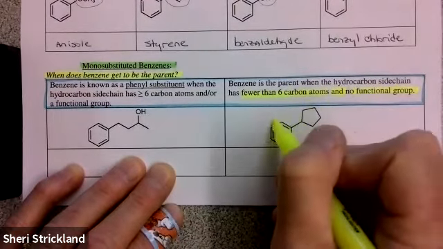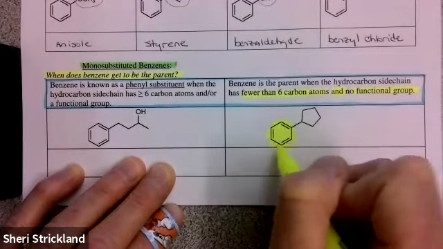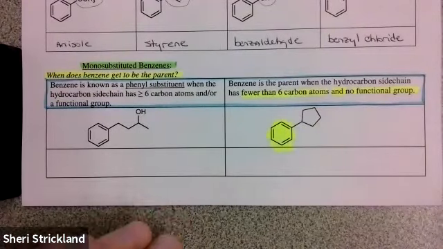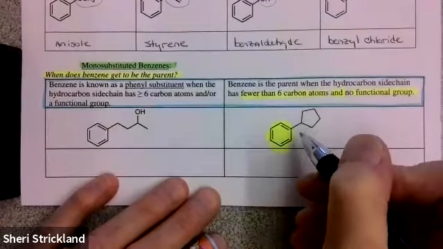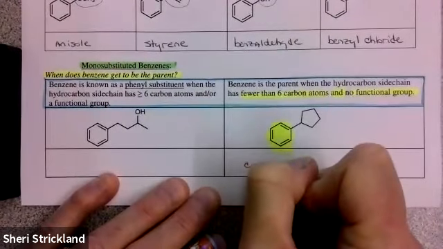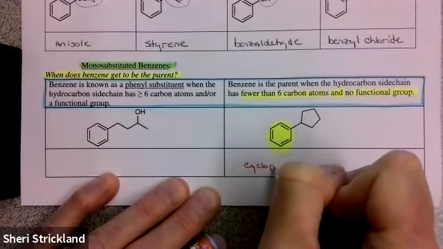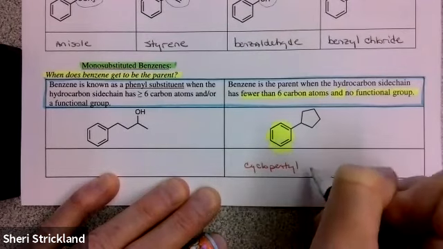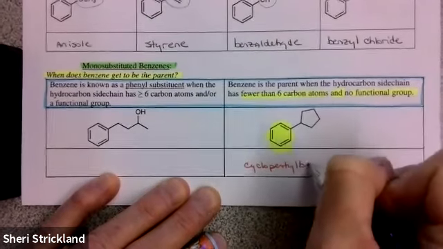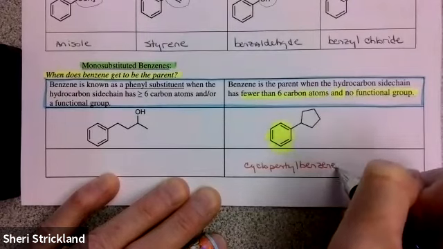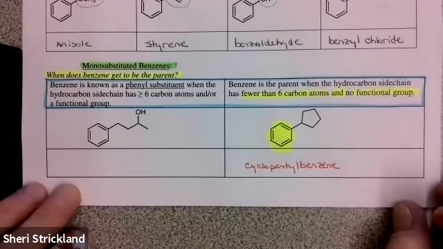So in that case, benzene is the parent. And so we would call this cyclopentylbenzene. Just like we did up there with ethylbenzene.